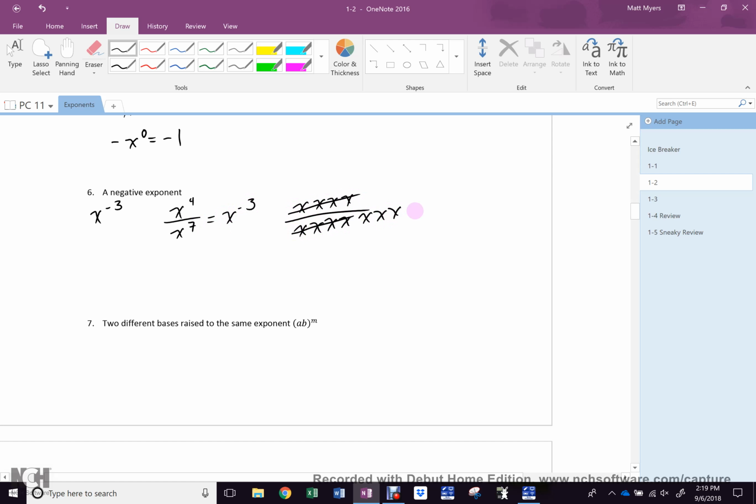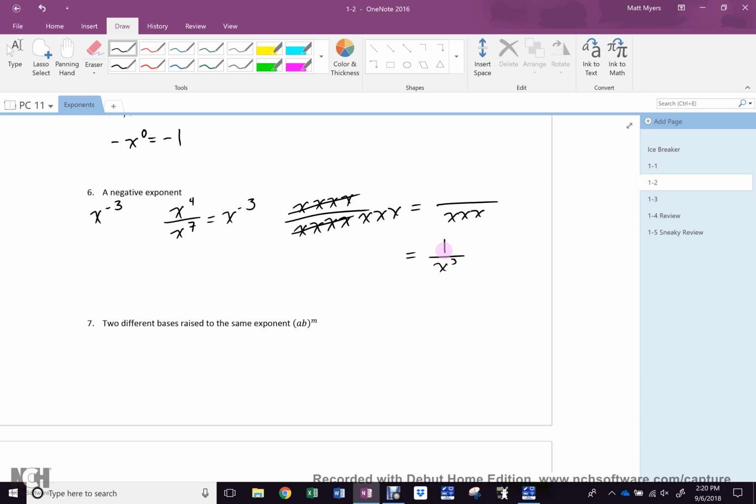They all cancel, leaving me with 3 x's in the denominator position. 3 x's in the denominator position is x to the 3 on the bottom of a fraction. What number goes on the top? Has to be a 1. Because if it's a 0, that's 0. And that doesn't make any sense.